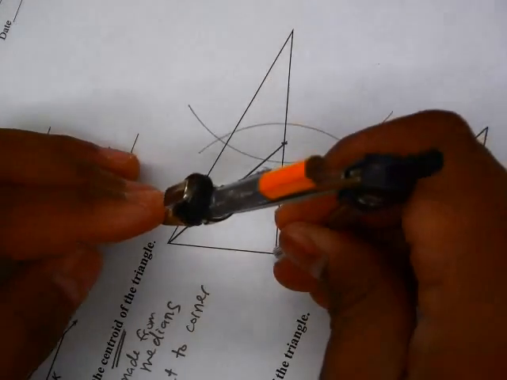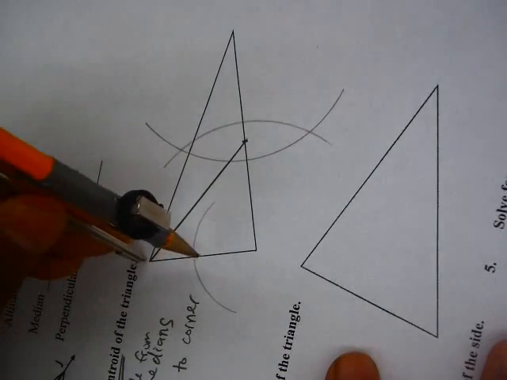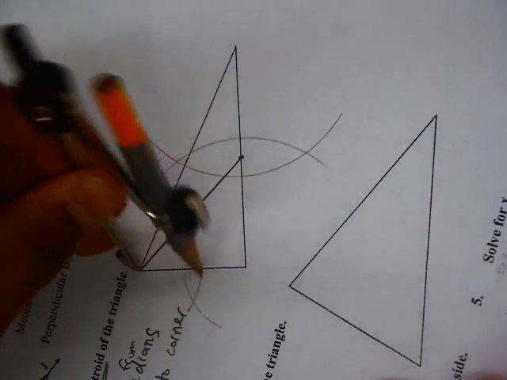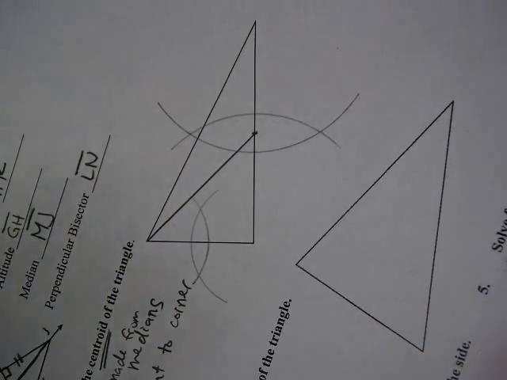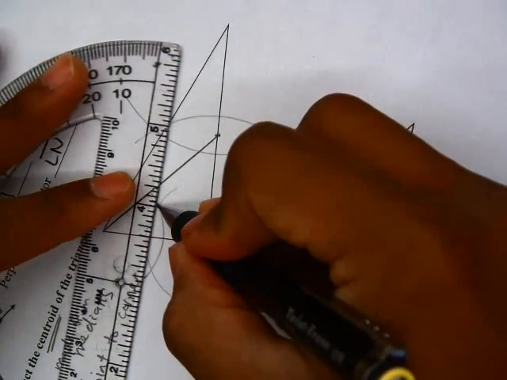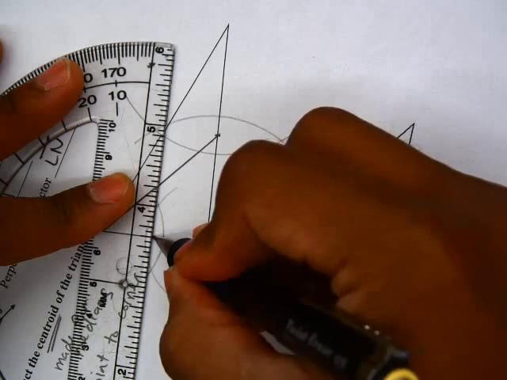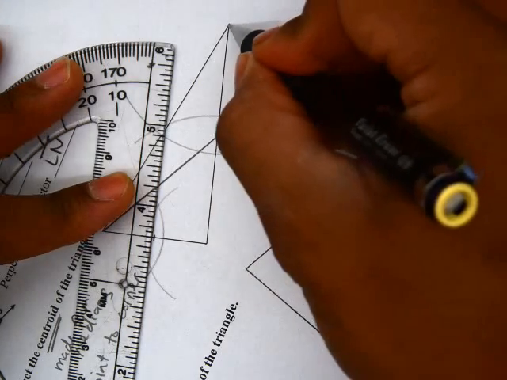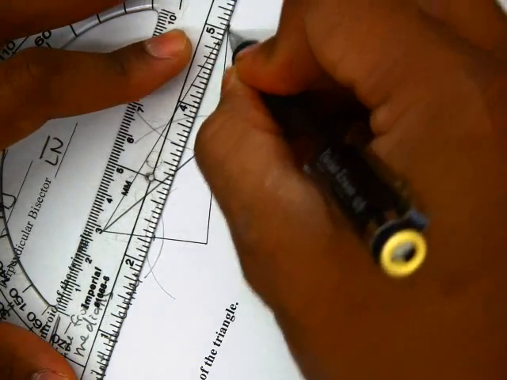So I'll do this again on the other sides as well. I'll bisect this side so I can find a midpoint. Again, I line it up, but I do not create that line. I use it to find the midpoint, then connect that midpoint to the opposite corner.